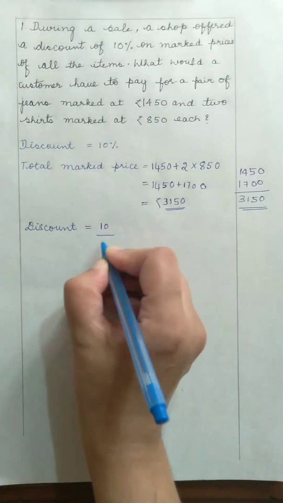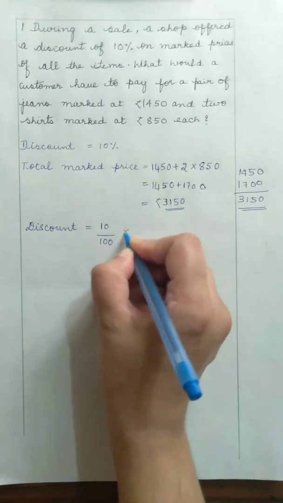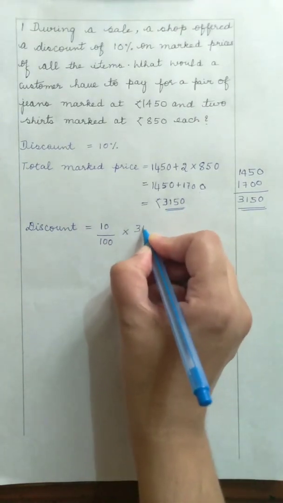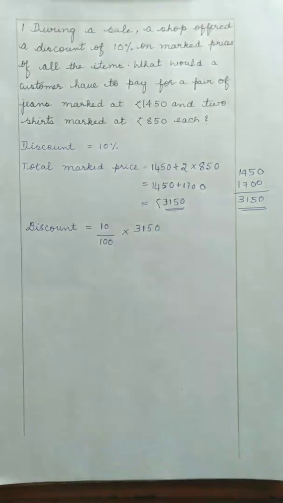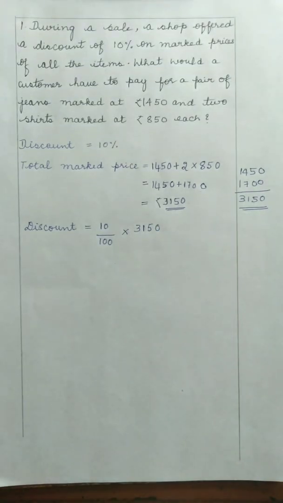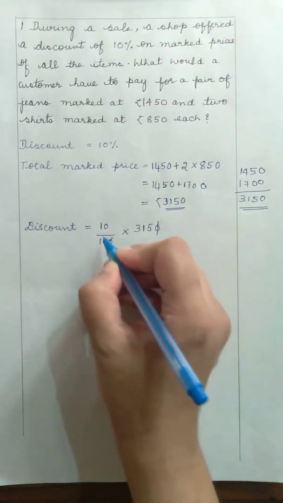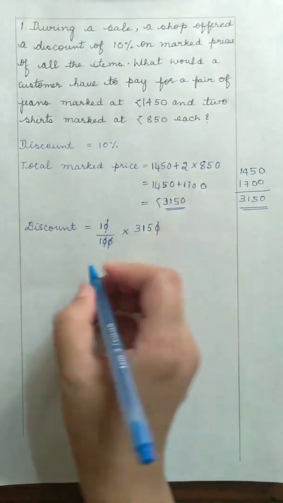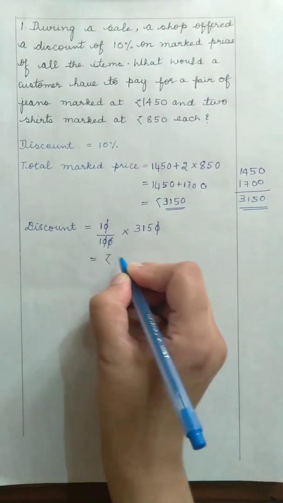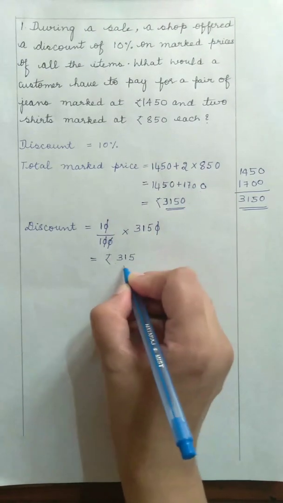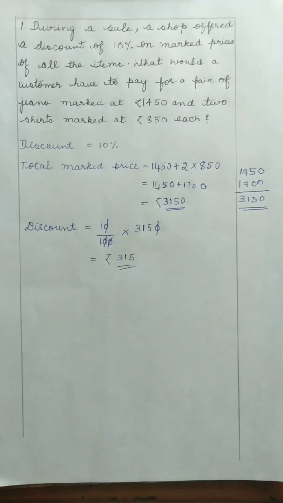Therefore, 10 by 100 into the total marked price, that is rupees 3150. So 10 by 100 is the percent value. Therefore 10 by 100 into 3150. So children, here you can observe the 0 and 0 get cancelled. Again 0 of the numerator and 0 of the denominator get cancelled. Then the discount will be equal to rupees 315. Therefore, for the rupees 3150, children, the discount is rupees 315.